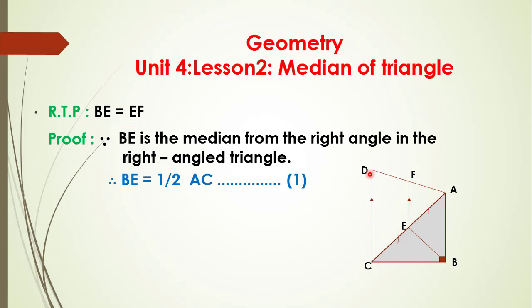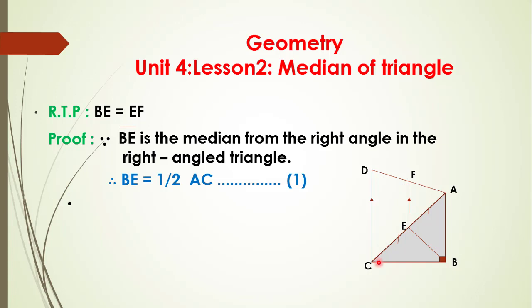As we studied before in prep 1, if a line segment passes through the midpoint of one side and is parallel to the third side, it means that F will be the midpoint of AD, and the length of EF will be half the length of CD. So here the length of EF equals half the length of CD.